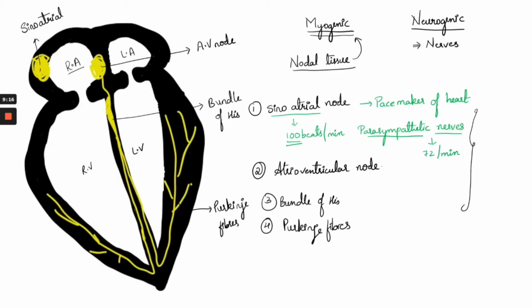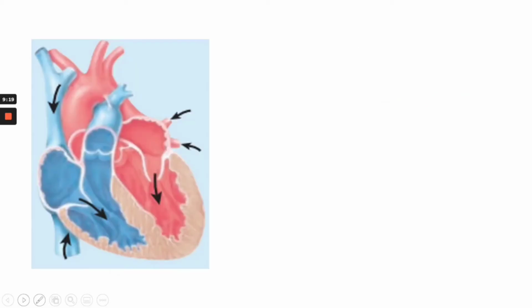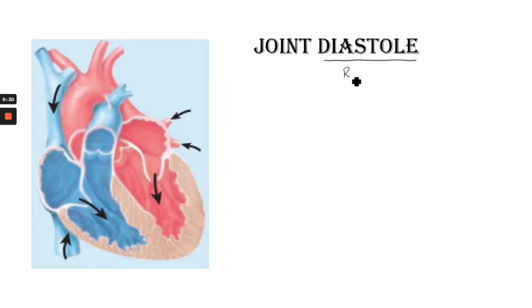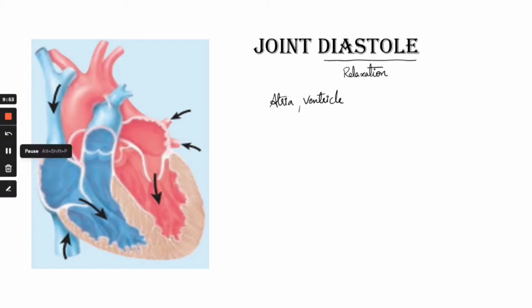Let us see the actual cardiac cycle, starting with the first phase, that is joint diastole. Diastole means relaxation. Joint diastole means both atria and ventricles are in a relaxed condition.